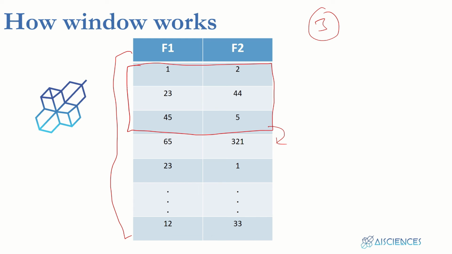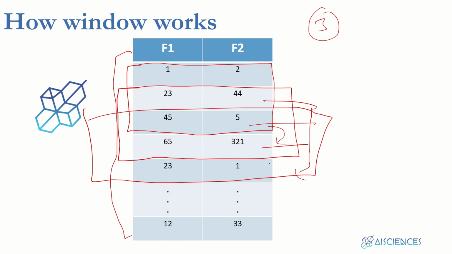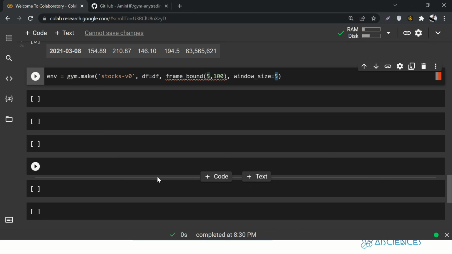And then we'll slide the window along, and this will be the new window, and we'll make use of these 3 records in order to predict the next value. And so on. We'll be sliding the window over again by adding one more record, and so forth. So that's how our frame bound or window size works.